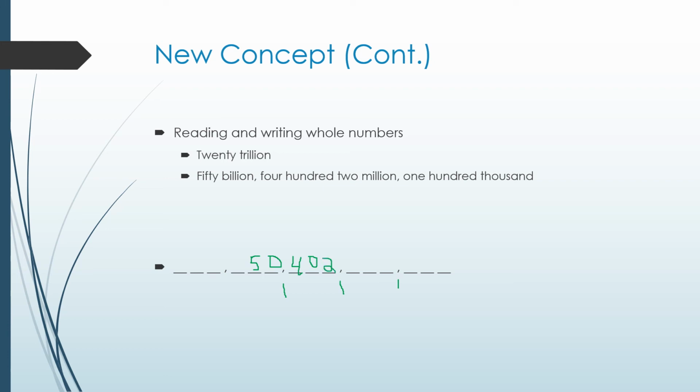402. And then I have 100,000. Notice there's no hundreds or anything like that, so I'm just going to fill those in with 0. And now you see how this works. Each one of these is its own little number.